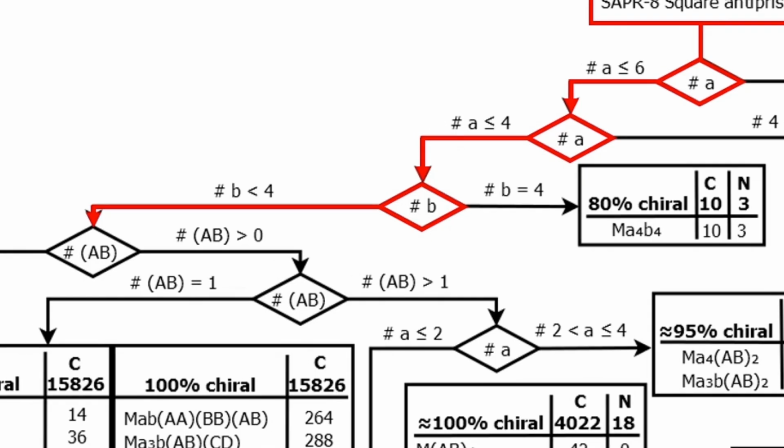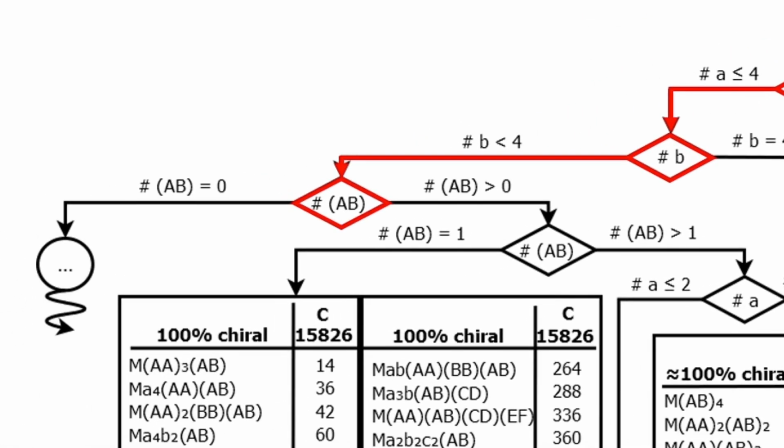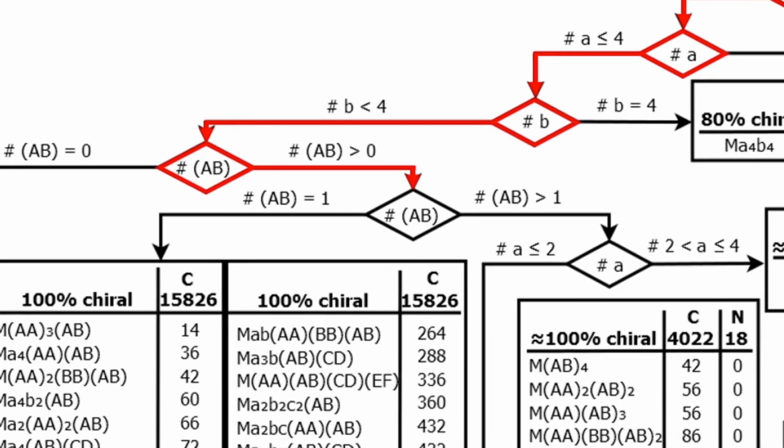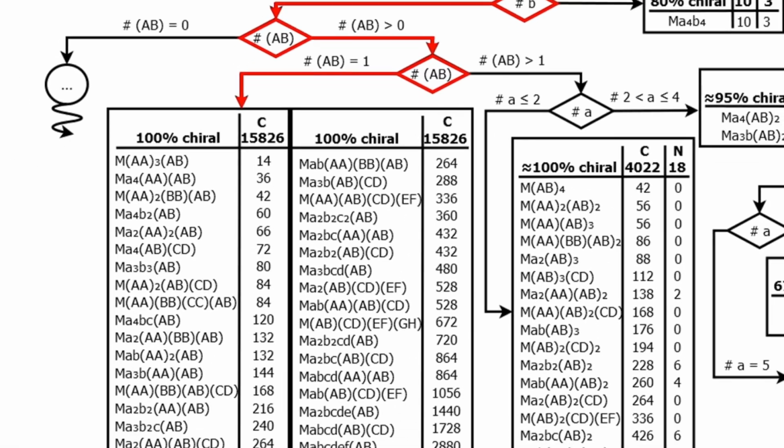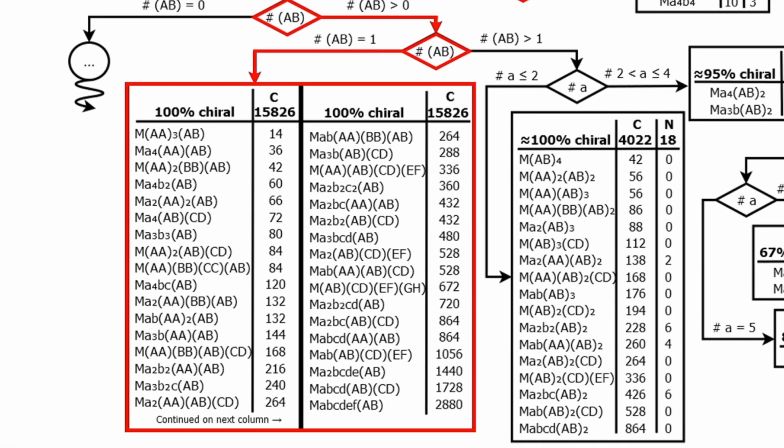Yes. Next, is there any non-symmetric bidentate ligand of type AB? Yes. Now we proceed right with the following question: does the complex have exactly 1 unit of this AB type ligand? Yes. We arrive at a leaf. The leaf tells us 100% probability of the complex being chiral-at-metal.